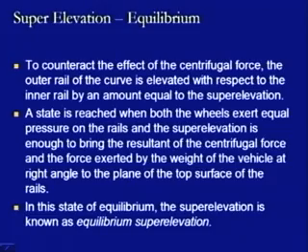Now, this is a state in which both the wheels exert equal pressure on the rails, and in this condition the super elevation is enough to bring the resultant of the centrifugal force and the force exerted by the weight of the vehicle, which is acting at right angle to the plane of the top surface of the rails.